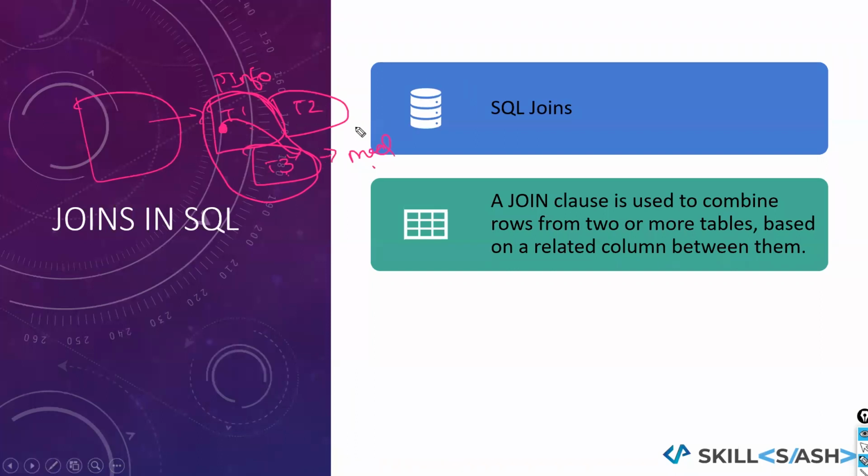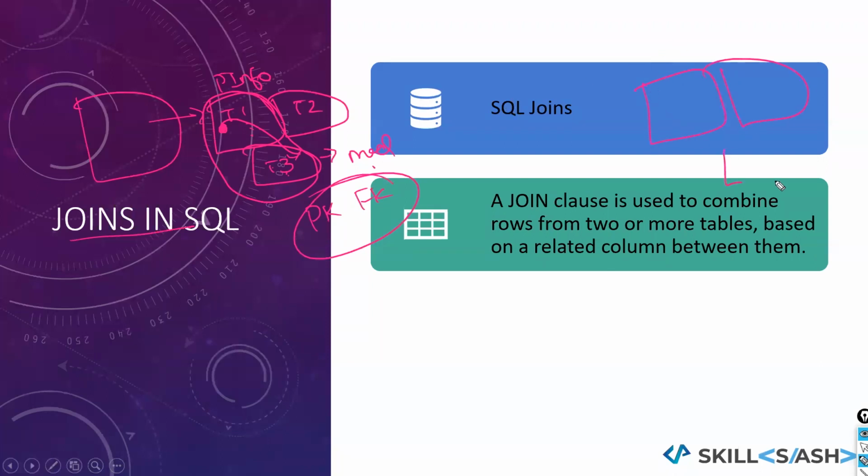It is not just go and join both the tables without having any relationship between them. You need to see what is the relationship between this table and this table and how I can join them. Usually we perform joins based on the primary key and foreign key concepts. Then what are SQL joins?